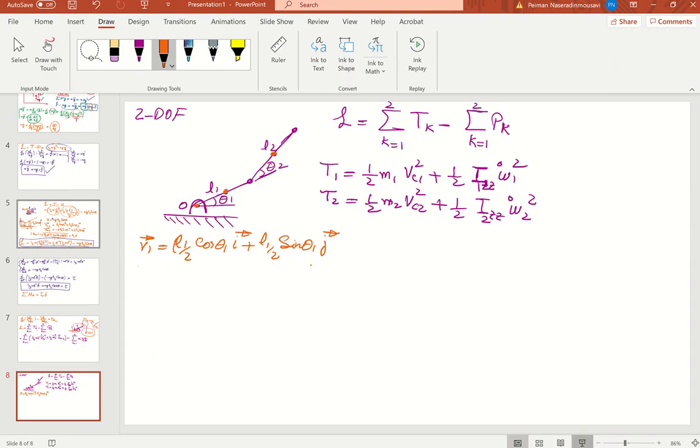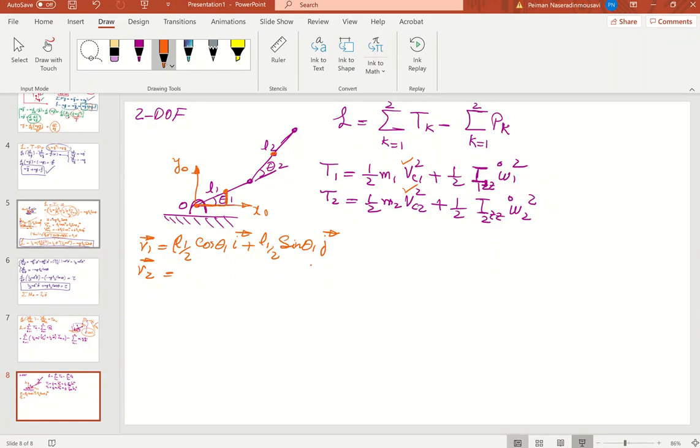Now for mass 2, R2, because we want to calculate this and this first. Guys, look here, this is X naught, as I taught you previously, base coordinate system, Y naught. So we calculated this first.